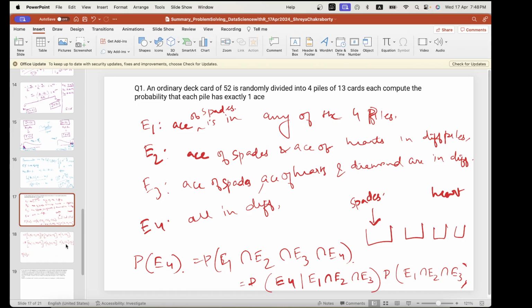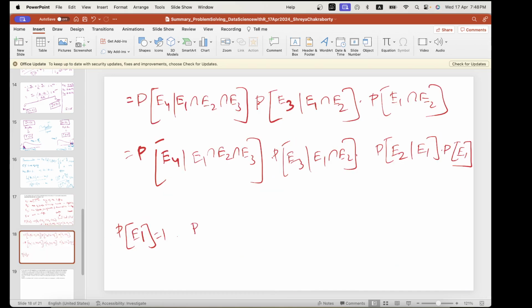Alright. Now probability of E2 given E1 is that, let's say I have fixed it in one of the piles.